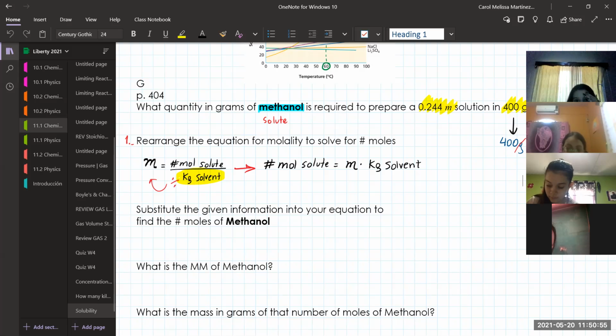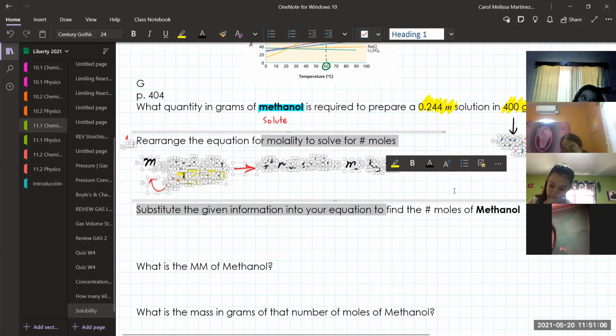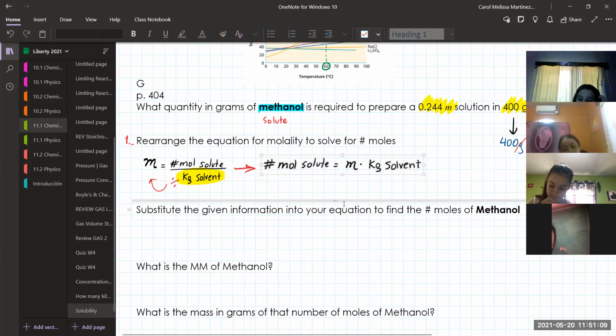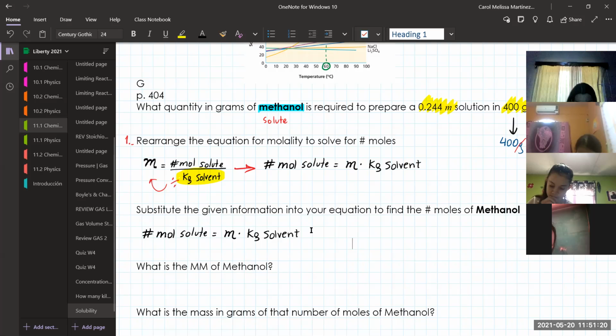That is the equation. And now it says, substitute the given information into your equation to find the number of moles of methanol. Not hydrochloric acid, it's methanol. The book had a mistake. So we use the given information in the problem, which is the molal concentration, 0.244 molal, and the kilograms of solvent, that is 0.40 kilograms of water.